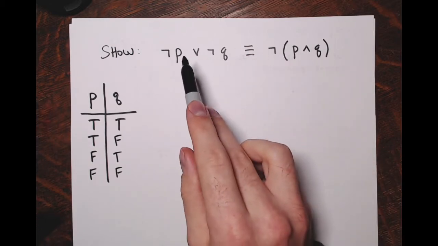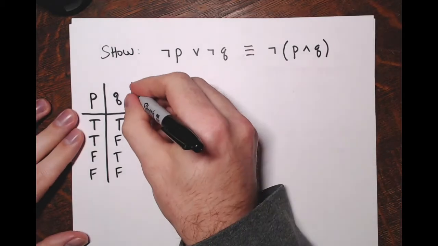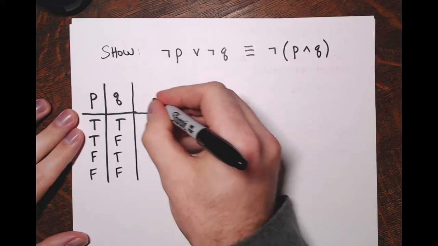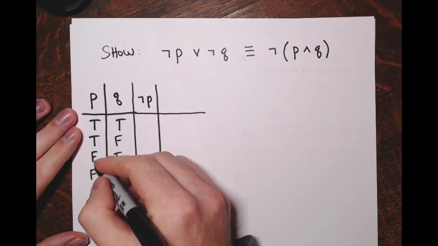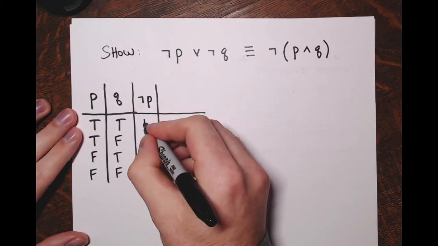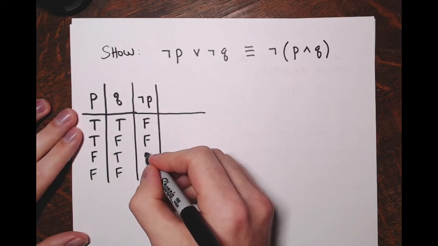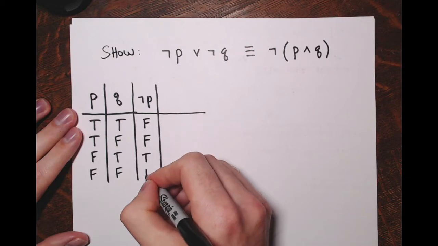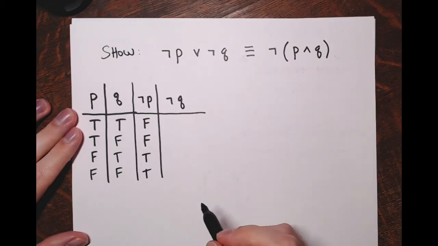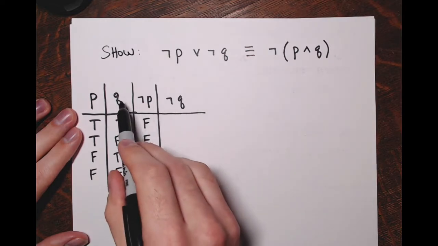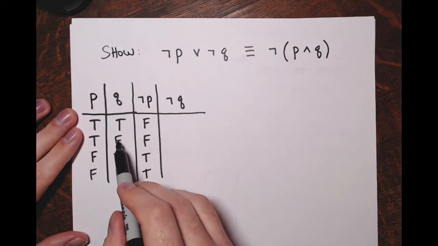Like I'm seeing not P's and not Q's. Here's not P. Now P is this column here, so not P would be false, false, true, true, right? The opposite of the P column. And I'm seeing not Q, and not Q is the opposite of the Q column, so false, true, false, true.